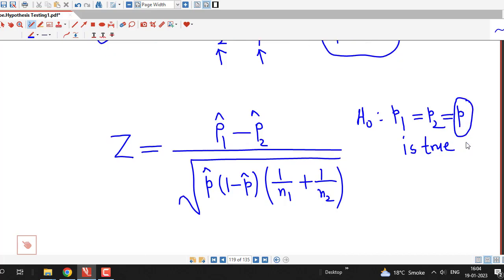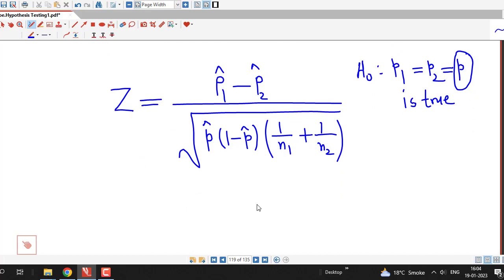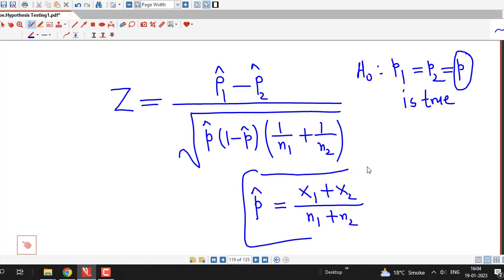So for estimating this common parameter, we use P hat, which is given by P hat equal to x1 plus x2 divided by n1 plus n2.